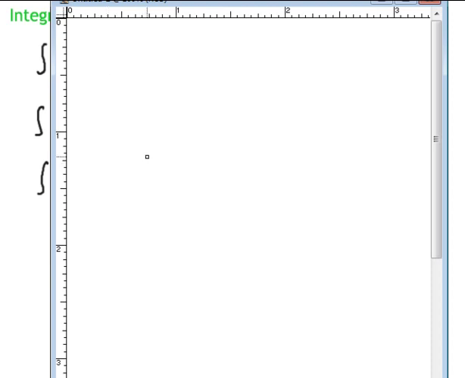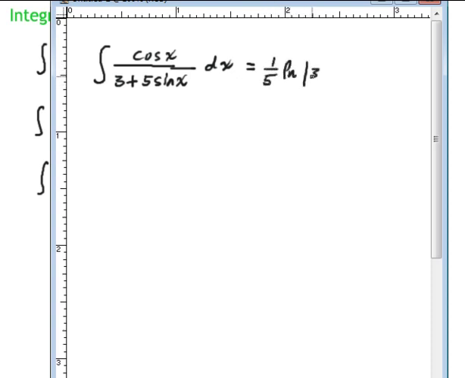Let's say we know how to integrate something like this: 3 plus 5 sine x in the denominator and cosine x in the numerator. This is just a log integral. The derivative of the denominator is 5 cosine x, and we have cosine x over here. So this would be 1/5 ln of the denominator.